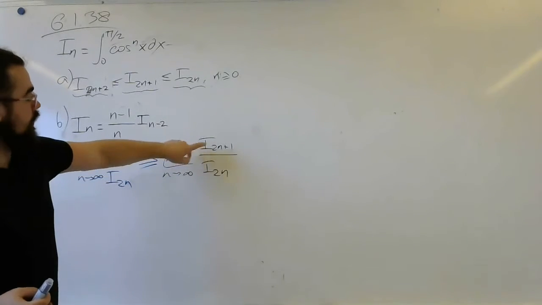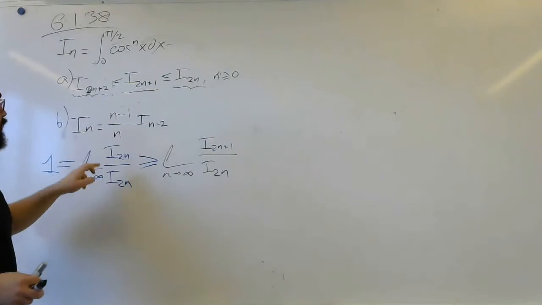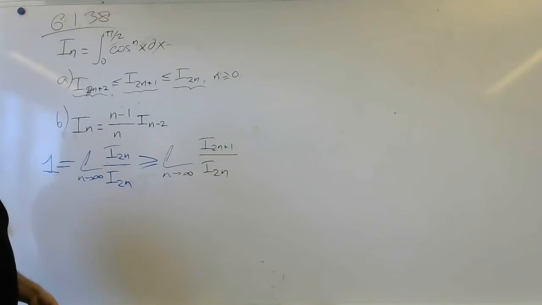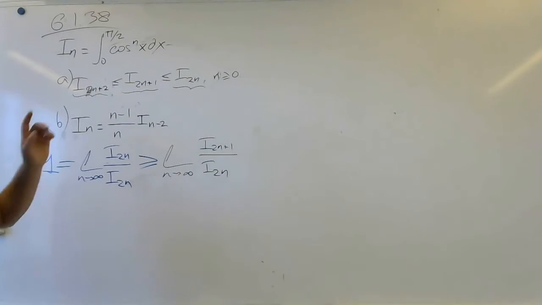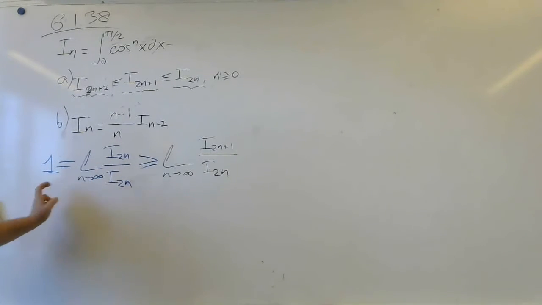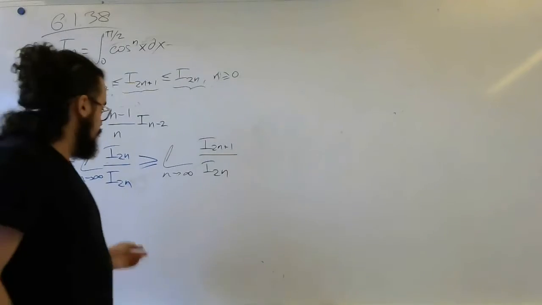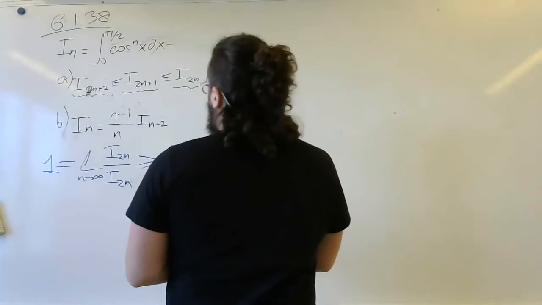We know that I sub 2n plus 1 is smaller than I sub 2n. So if we divide it by the same thing, it's conserved. We take limits, everything goes fine. This limit is 1. Now, from the other side, we are going to use a similar argument.